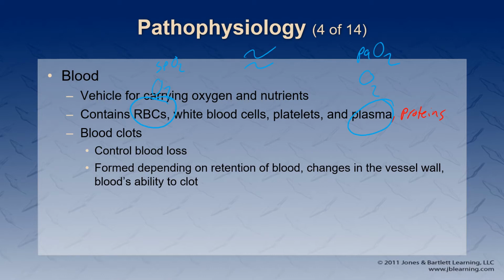And the third part of the blood we have to understand is blood clots, and that'll come up when we talk about cardiogenic shock as well as some obstructive shocks. How do we end up with blood clots that cause us issues? So obviously blood clots are good when they stop us from bleeding out, but they can become pathologic when they form in places where we don't want them, or when we don't need them, or where they're not normally needed.